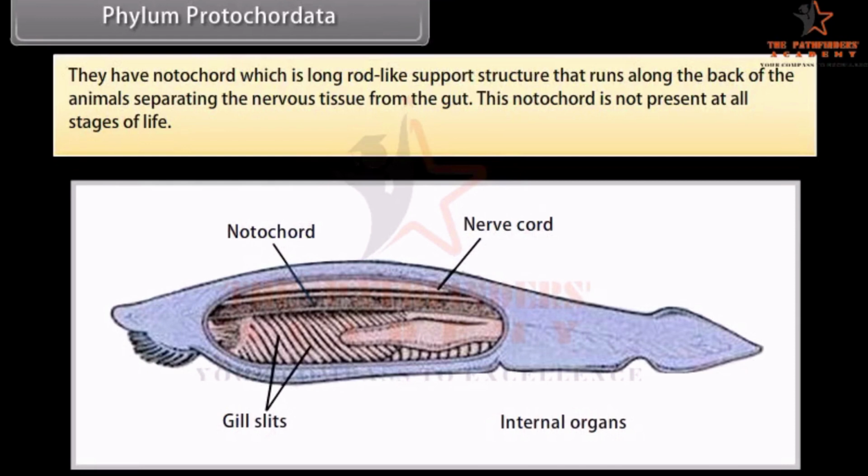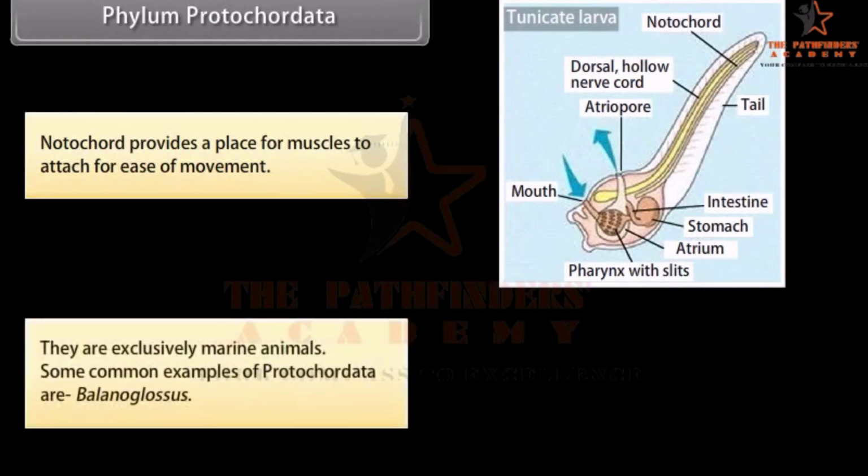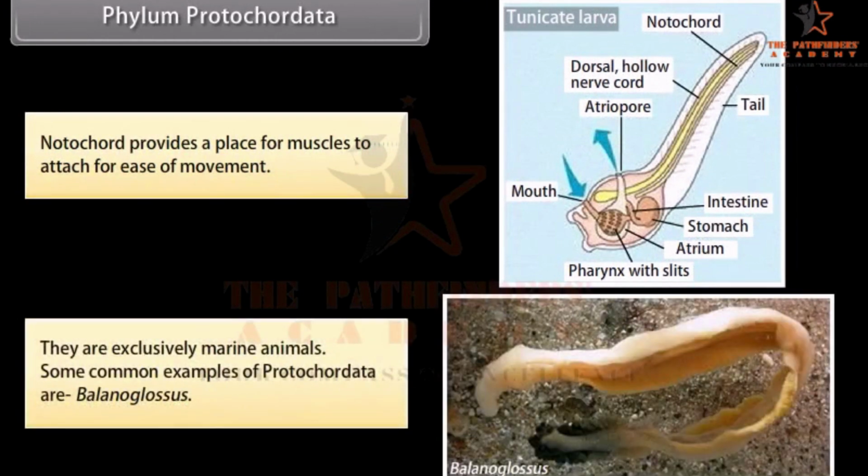This notochord is not present at all stages of life. Notochord provides a place for muscles to attach for ease of movement. They are exclusively marine animals. Some common examples of Protochordata are Balanoglossus.